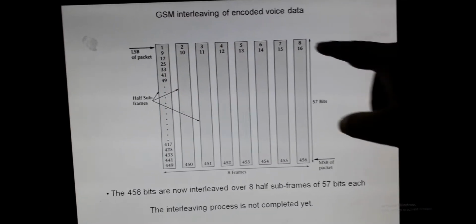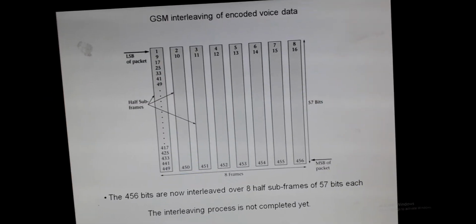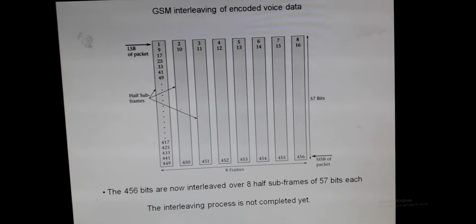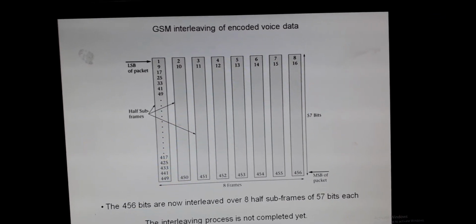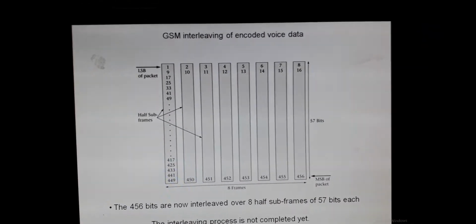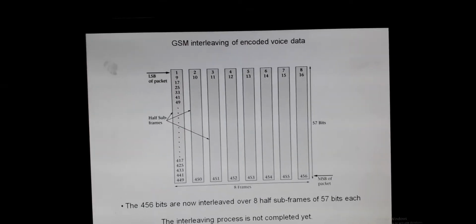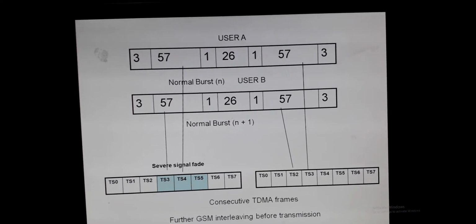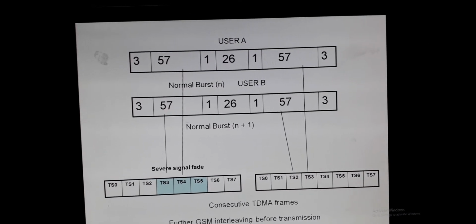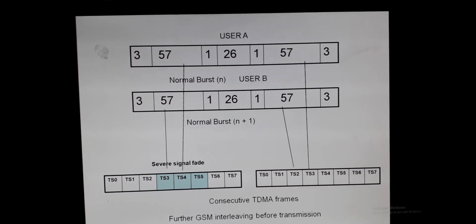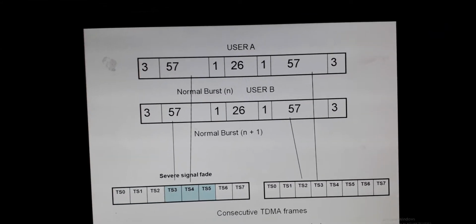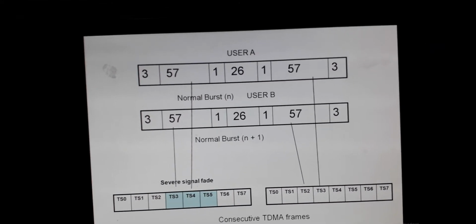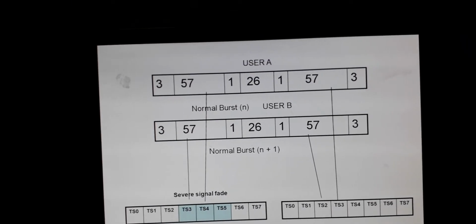Now you take all these 456 bits and put them in these blocks with numbers 1, 9, 17, 25 up to 449, then 2, 10, and 3, 11. You can put them randomly in 8 blocks. Then 57 bits are selected for user A, 57 bits for user B, and the encrypted bits and 26 training bits make up this normal burst.